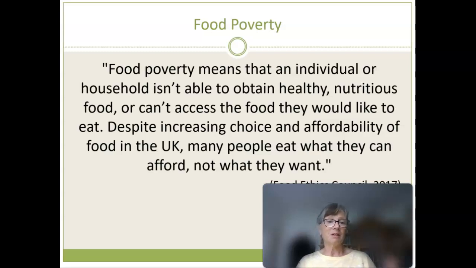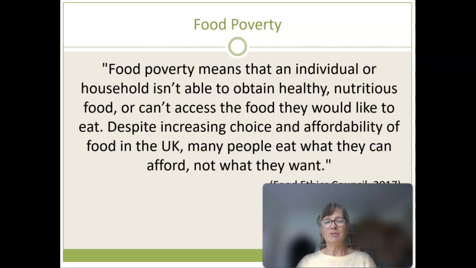So we're looking at availability, people being able to afford it, it being accessible to them. So in the UK, we have huge choice about food, and many foods are highly available and affordable, and many people still can't eat what they would like. They eat what they can afford.